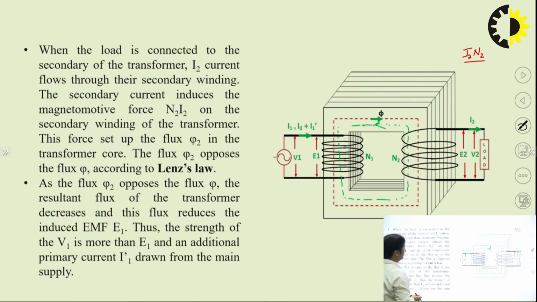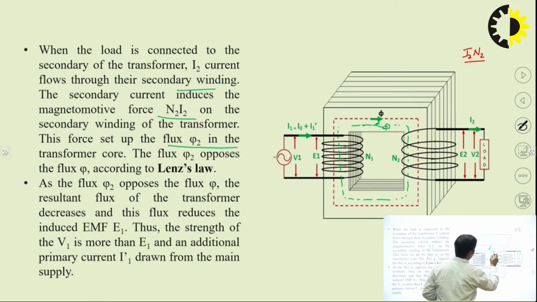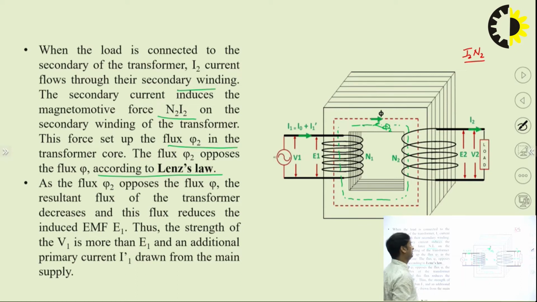So now let us discuss this again. When the load is connected to the secondary of the transformer, current flows in the secondary winding, and the secondary current produces the MMF I2N2. This MMF sets up the flux phi 2 in the transformer core, and phi 2 opposes the flux phi because of Lenz's law.